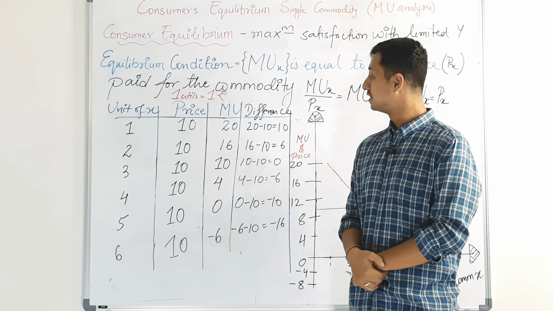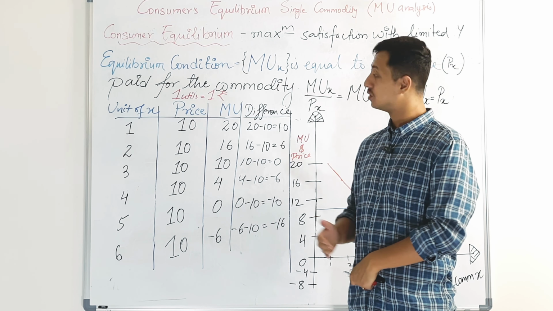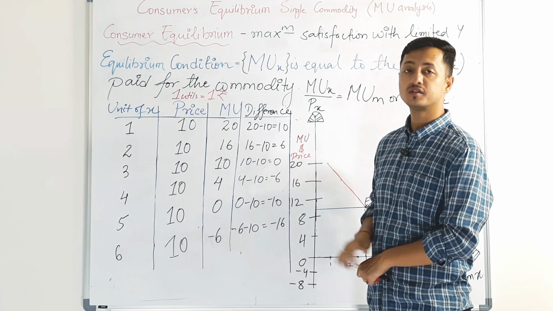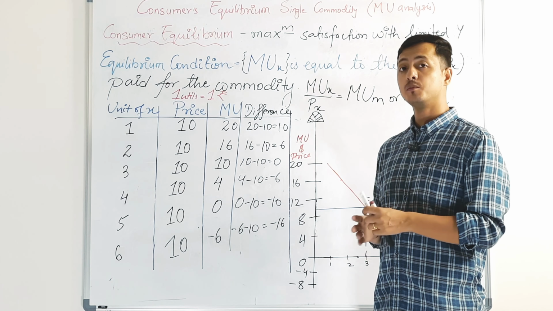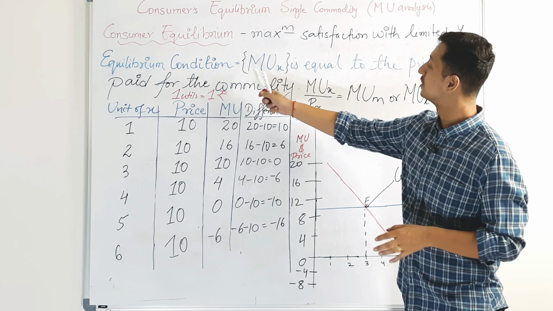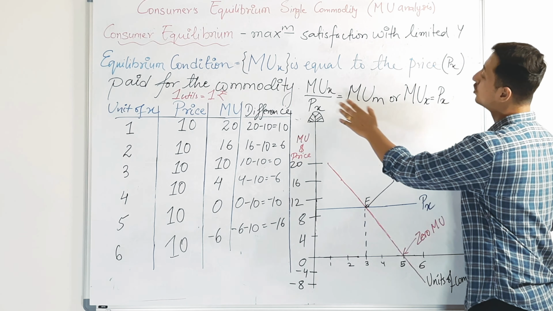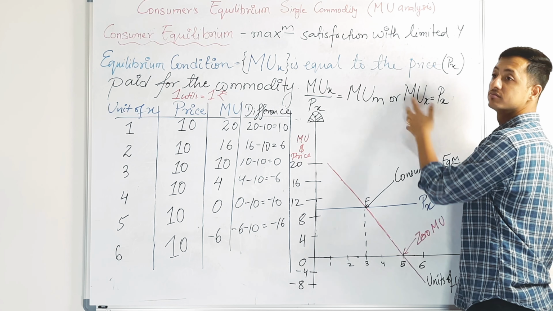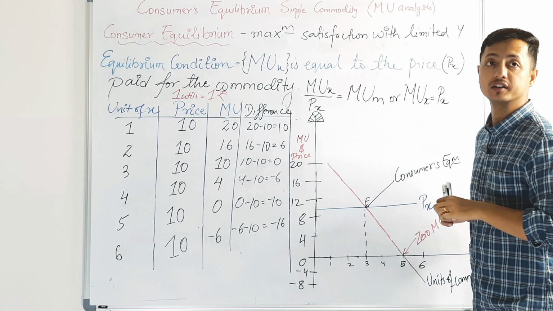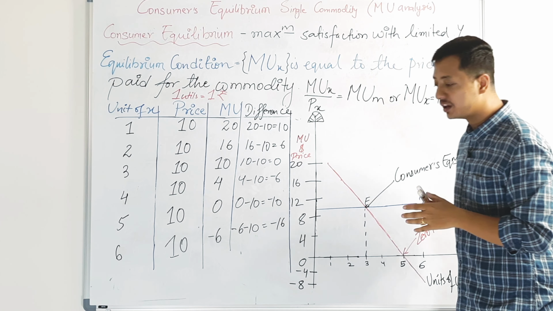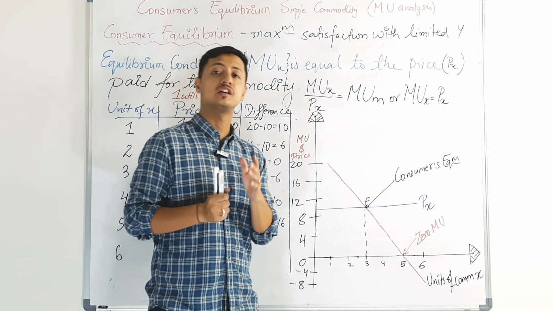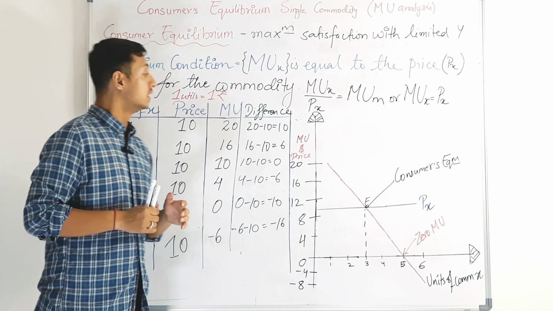The marginal utility is diminishing, and this column is the difference between MUx and Px. The equilibrium condition is when the marginal utility of commodity X is equal to the price of X. When marginal utility and price are equal, we achieve equilibrium in a single commodity.